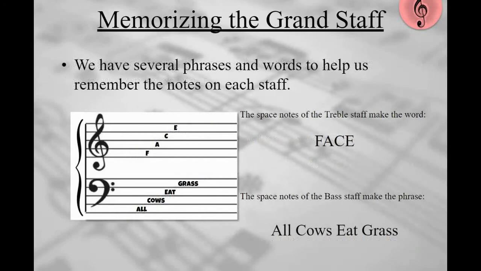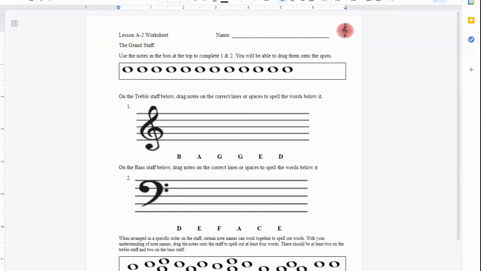So what you're going to be doing now is you're going to be putting this into practice and placing notes onto the lines and spaces in order to spell out words. So it's a pretty simple assignment. What you're going to do is grab a note and drag it to wherever it needs to go. For example, on this treble staff right here, you need to spell out the word bagged, okay?